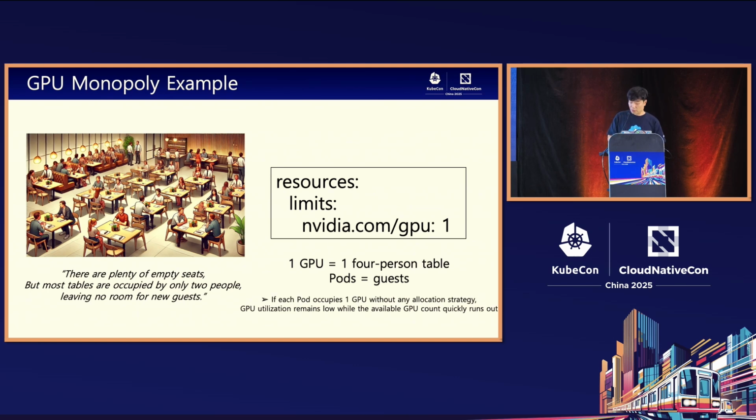If we assign 1 GPU to this job, the 1 GPU actually means a 4-person table, and pods are guests. That's why we need to think about GPU resource allocation very smartly, depending on the workload and the traffic of the AI training or inference workload.